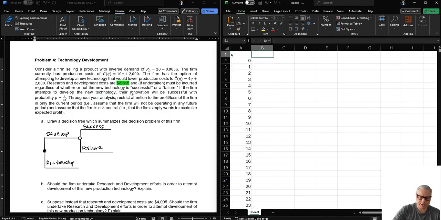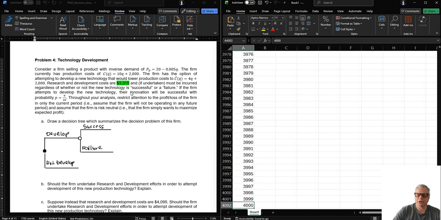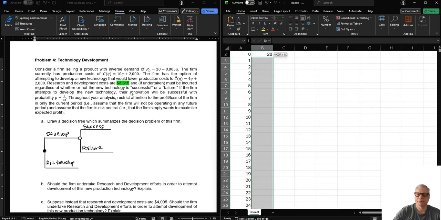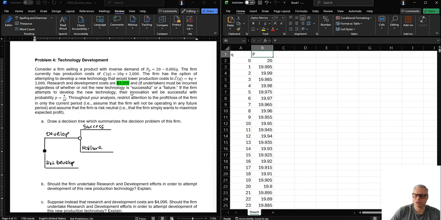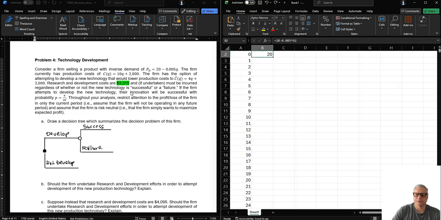So now we can draw the demand function P equals 20 minus 0.005 times Q, and now we can copy this down. So you can copy down with Control D, or you could also click on this little square.